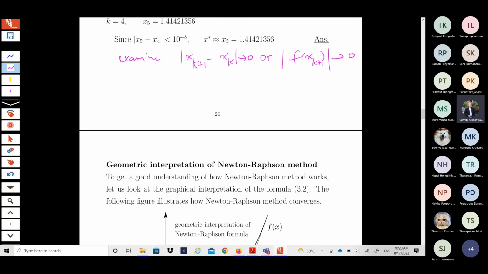And sometimes some people might prefer using this, the relative form, the relative error, instead of the absolute error.